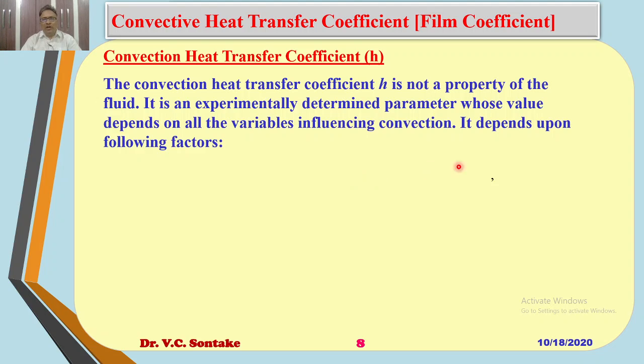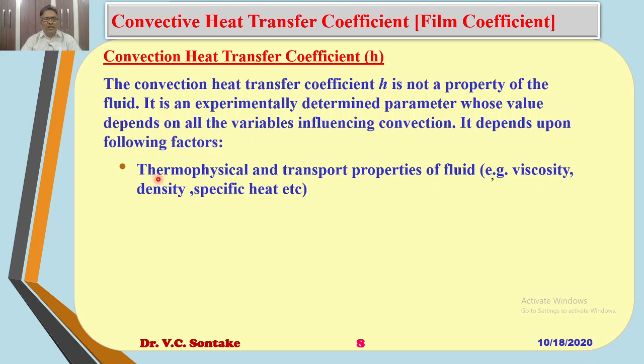So the value of convective heat transfer coefficient depends upon the following factors. Number 1, thermophysical and transport properties of fluid, such as viscosity, density, specific heat, and thermal conductivity. Since in convection fluid is involved, all its thermophysical properties are going to affect the value of h.